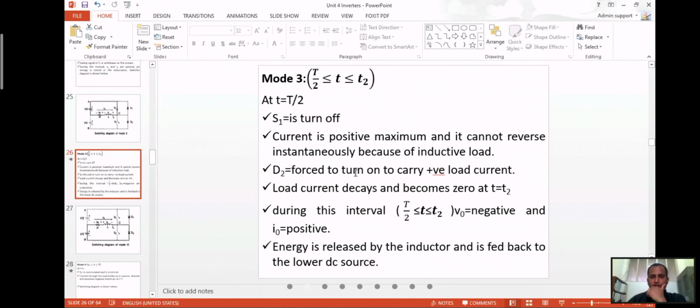D2 is on, and the load current will decay.